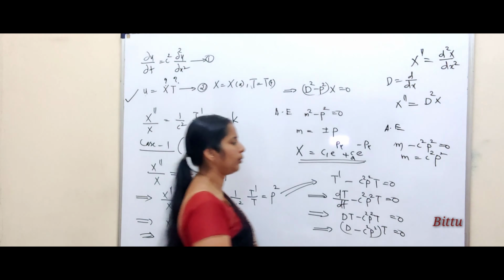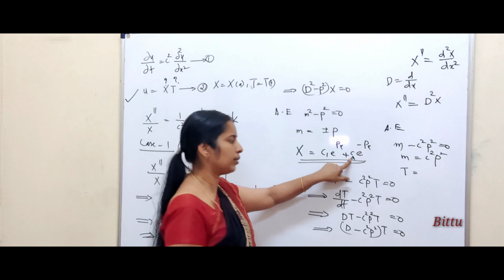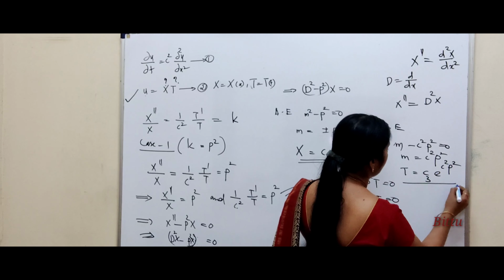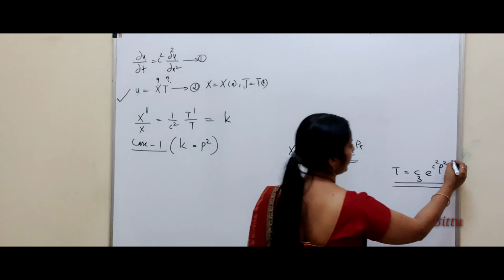So we can write T as an arbitrary constant. Here we introduced c1, c2, so next one is c3 e raised to c square p square t. So this is T in case 1. Here T is c3 e raised to c square p square t.